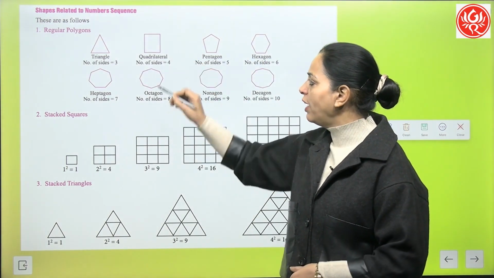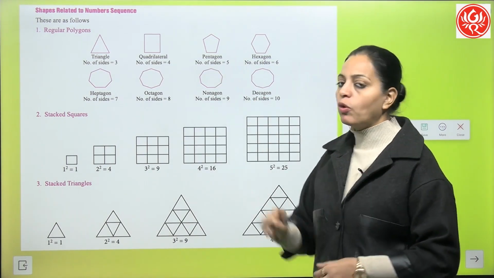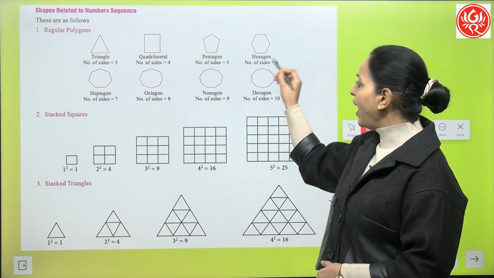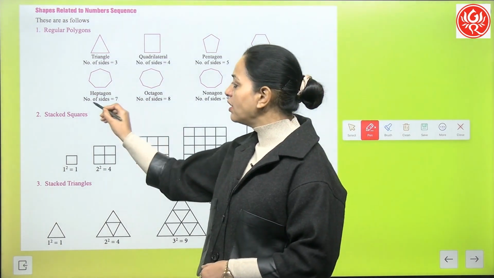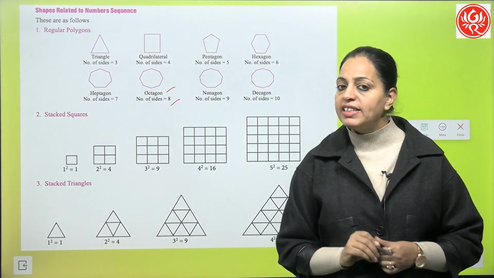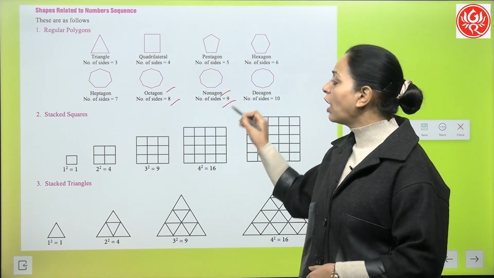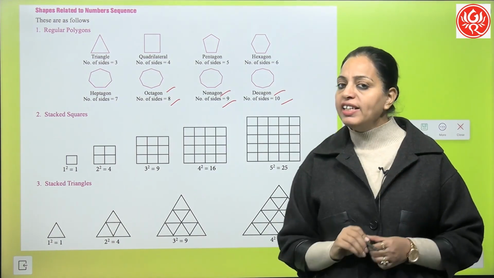Here this is a quadrilateral, number of sides 4. This is a pentagon, number of sides 5. This is a hexagon, number of sides 6. Now heptagon, number of sides 7. Octagon, number of sides 8. Now nonagon, number of sides 9. And decagon, number of sides 10.